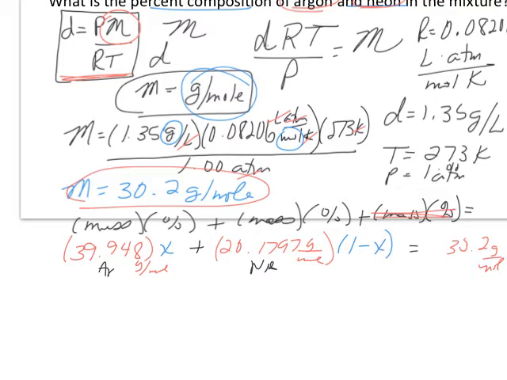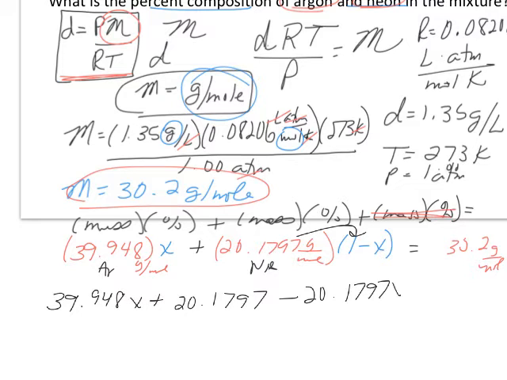And when you do this, basically I can go through the long term. 39.948x plus 20.1797, because that's multiplied by 1, and then you minus, because you're multiplying by x, 20.1797x. This is from this term here, minus x.